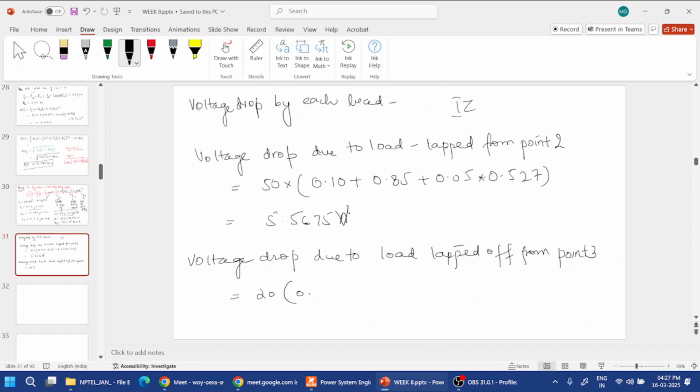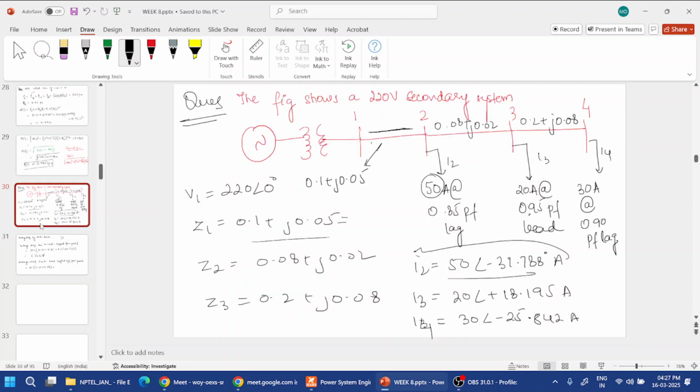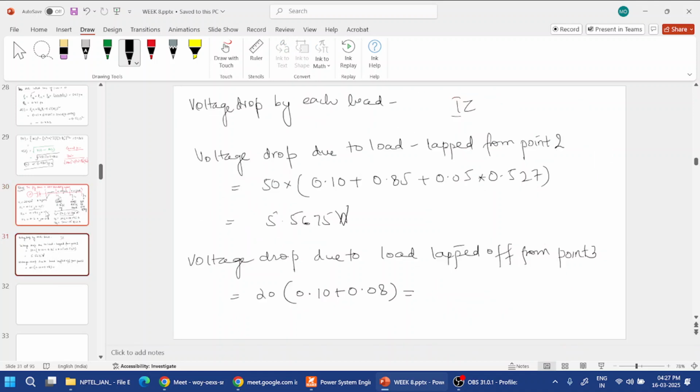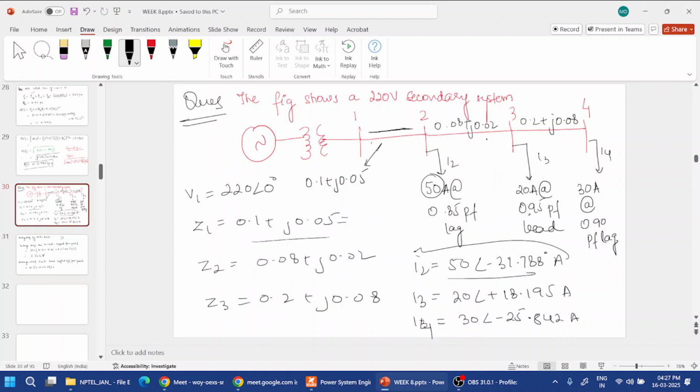0.08 plus 0.01. Yes. So if we take the voltage tapped off from here, then the current line will be this much. So we have to add the real part, then the imaginary part. 0.08 plus 0.1, then 0.02 plus 0.05.